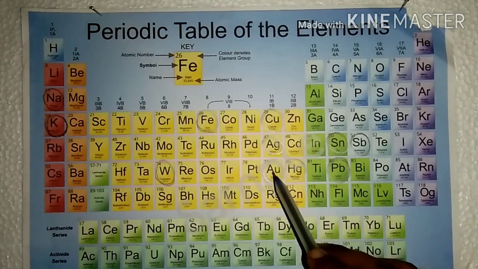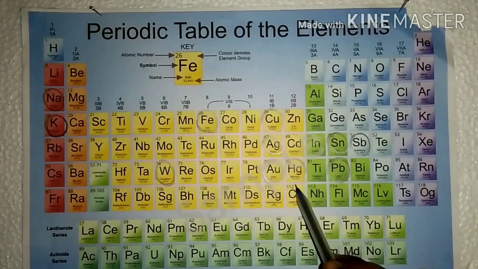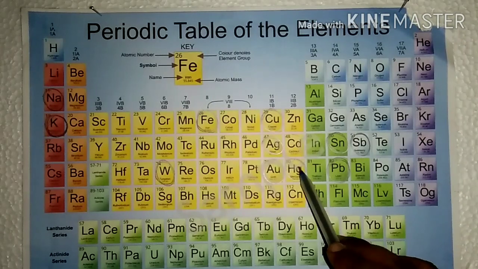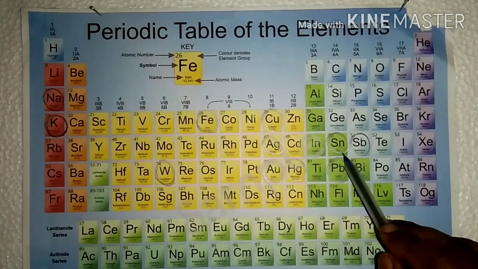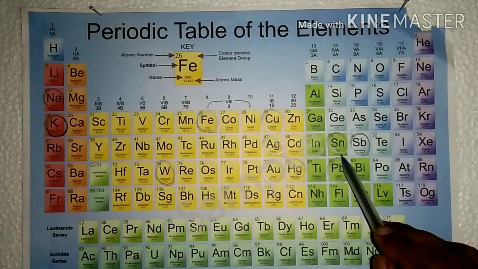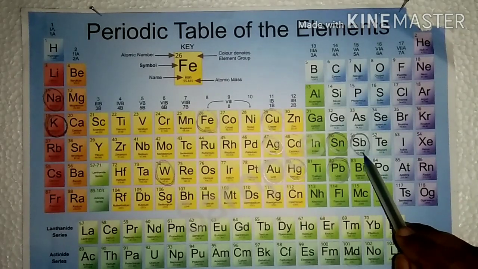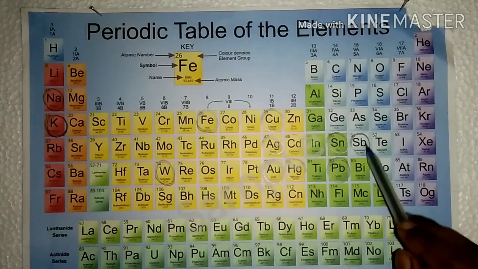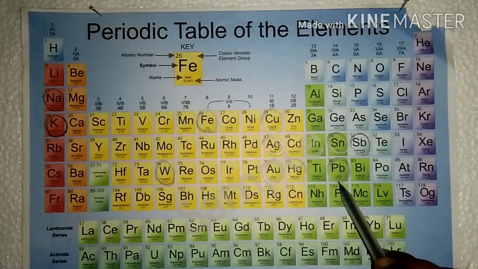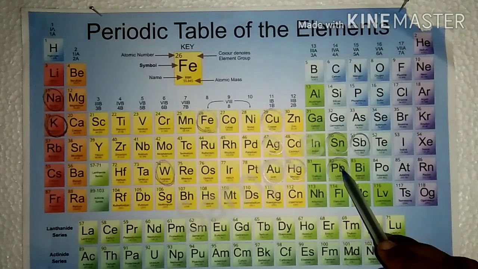Next, mercury. Mercury is hydrargyrum, and its symbol is Hg. Then tin, stannum, Sn. Antimony, stibium, Sb.